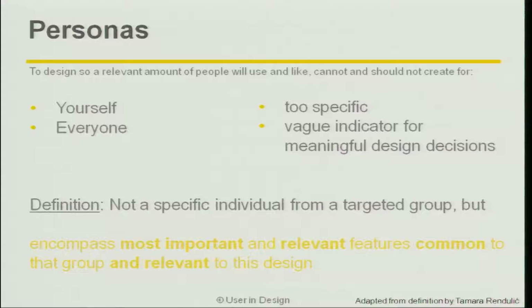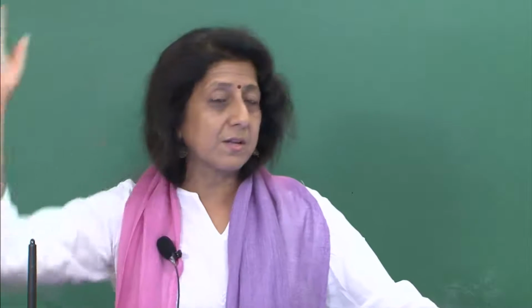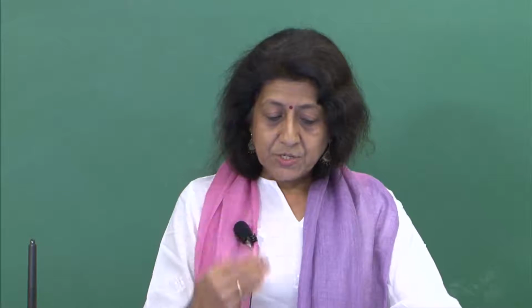So a persona encompasses the most important and relevant features, relevant to the context we're talking about, not what they do in the rest of their lives, relevant to the walking stick, relevant to an app we may be creating, whatever it is. A persona encompasses the most important and relevant features that are common to the group and relevant to this design. Common to the group.